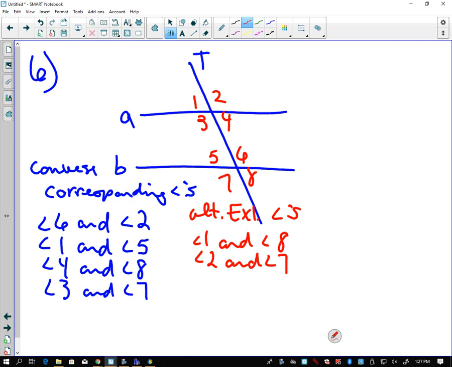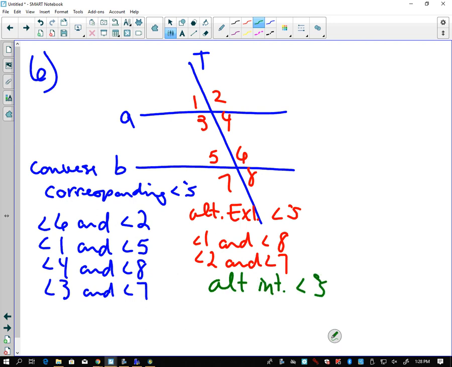Are there any other types of congruent pairs we can make? Those aren't congruent. Same side interior angles would work only if they're supplementary. So I think I heard you say alternate interior. All right, so alternate interior angles.